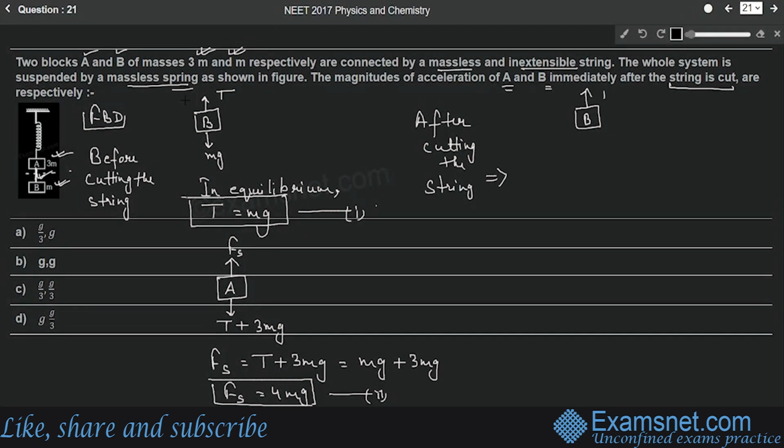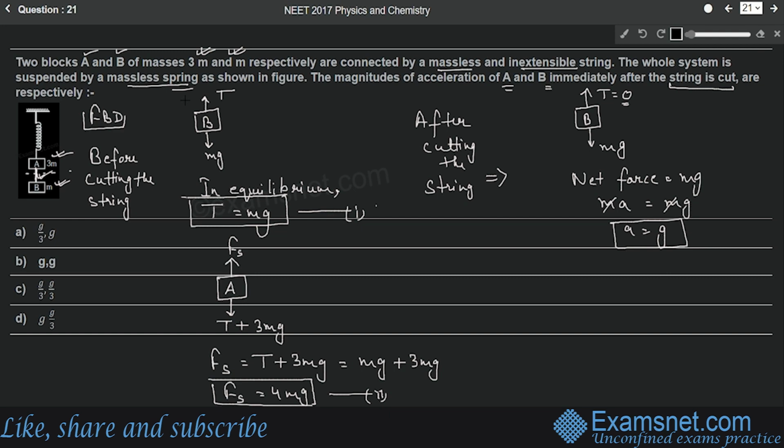The tension becomes 0, and the downward force will remain same, that is the weight of this body. So that is equal to mg. So what will be the net force? Net force will be equal to the downward force only, because the upward force is 0. Okay, and net force is mass into acceleration. So ma is equal to mg. That means acceleration for this block is equal to g.